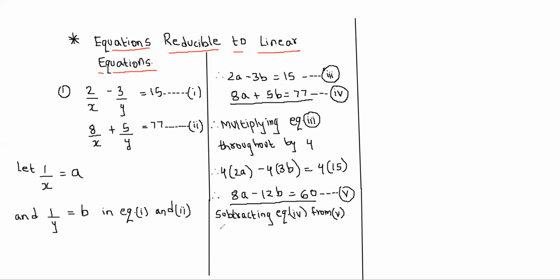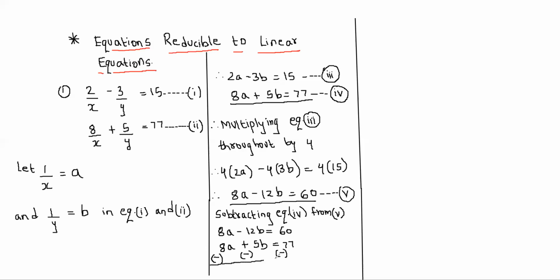Now we'll start from equation 5. It is 8a minus 12b equal to 60. The second, it is 8a plus 5b equal to 77. Now in subtraction we change the sign. So here plus 8a will become minus 8a, plus 5b will become minus 5b, and plus 77 will become minus 77.